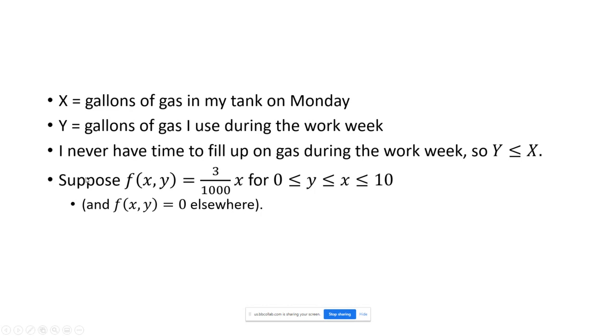And let's suppose our density function is 3 over 1,000 times x for 0 less than or equal to y, less than or equal to x, less than or equal to 10. And the density function equals 0 elsewhere.